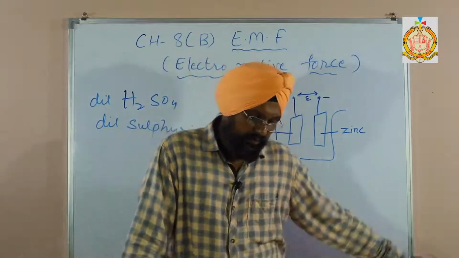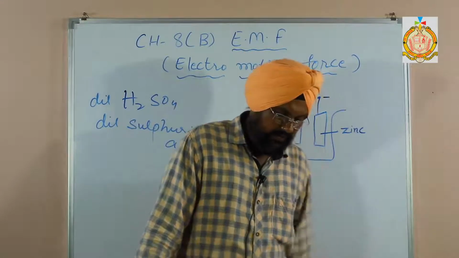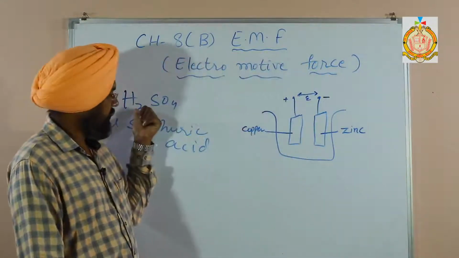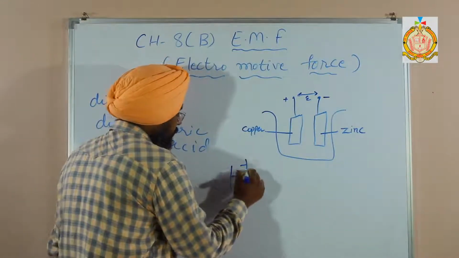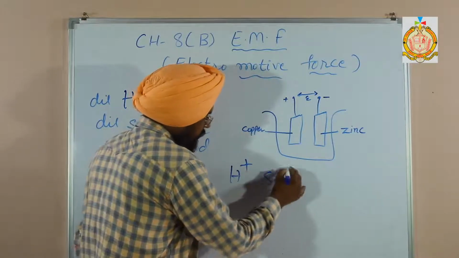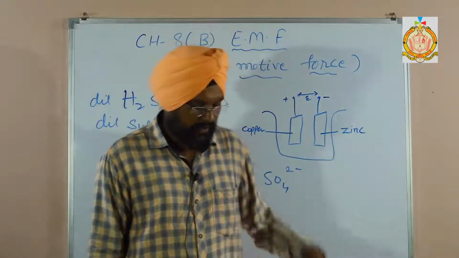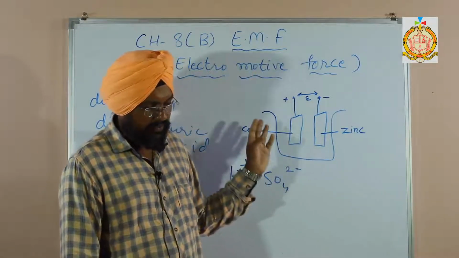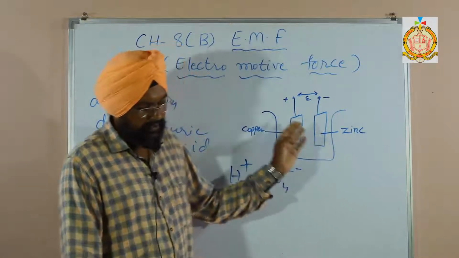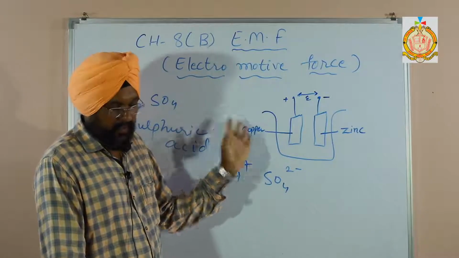The electrolyte in the water dissociates into two ions. One is H positive, which becomes a positive ion, and SO4 becomes a negative ion when they dissociate. The negative ions impart electrons to the zinc electrode, and the positive ions go toward the copper electrode.